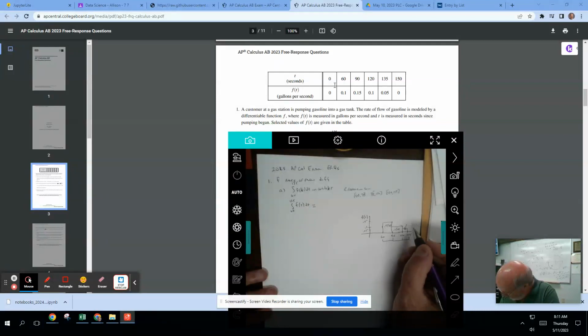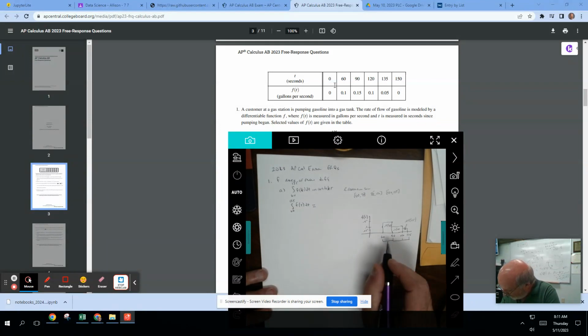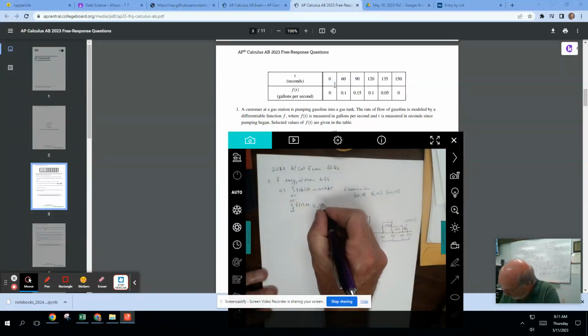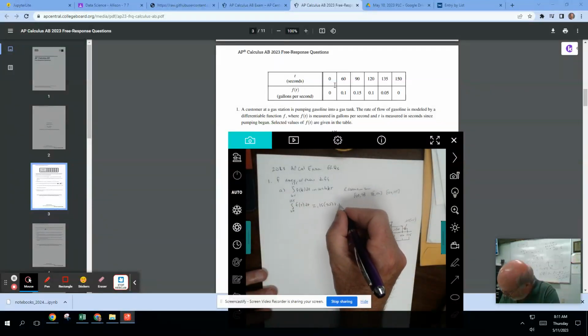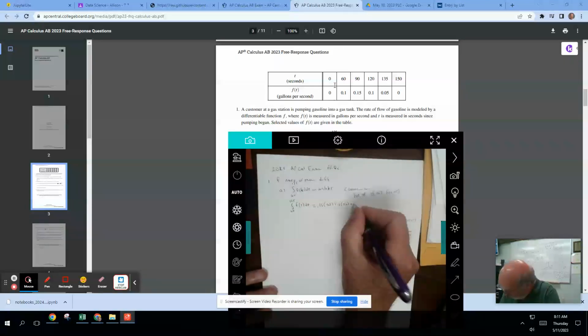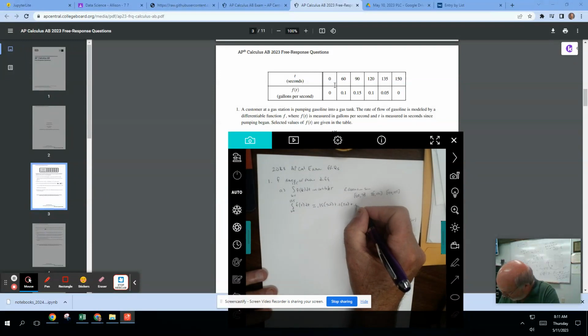And here, the height is 0.05, and the width is 15. So this right-Riemann sum approximation is going to be 0.15 times 30 plus 0.1 times 30 plus 0.05 times 15.